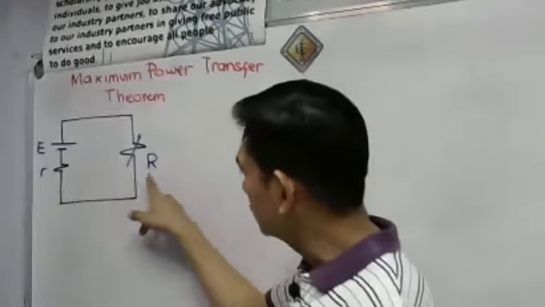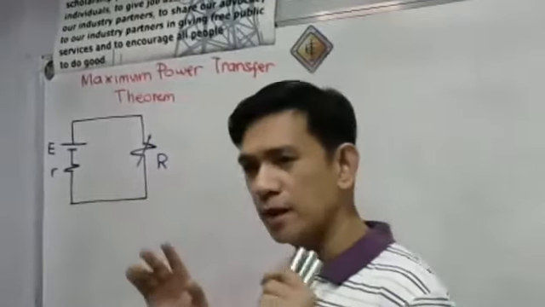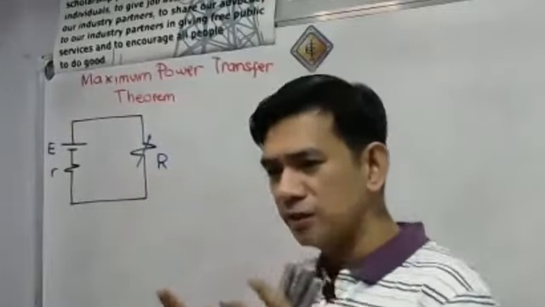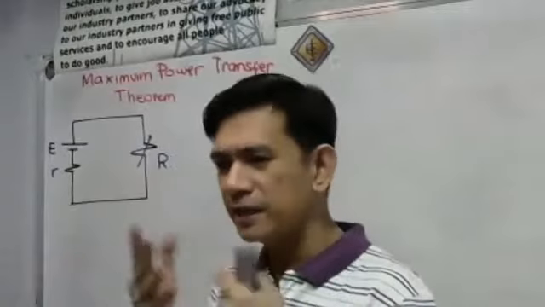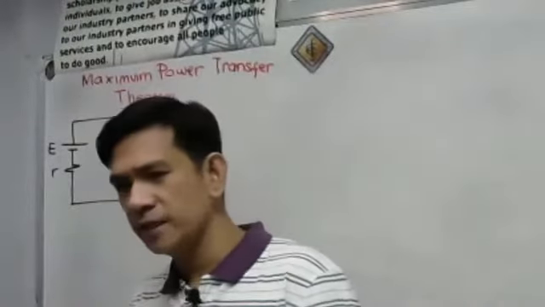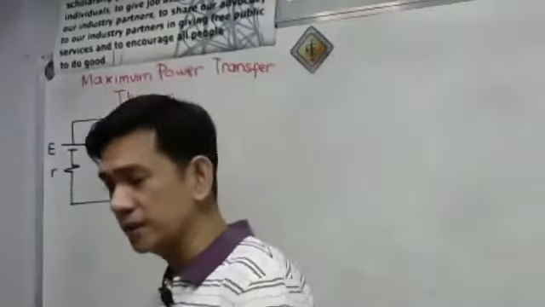And then we have the load resistance big R. We are going to derive the formula for the maximum power transfer, the current at maximum power transfer, the voltage at maximum power transfer, and the efficiency at maximum power transfer.